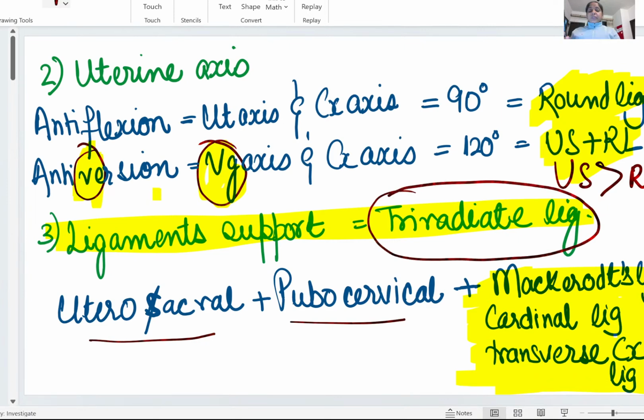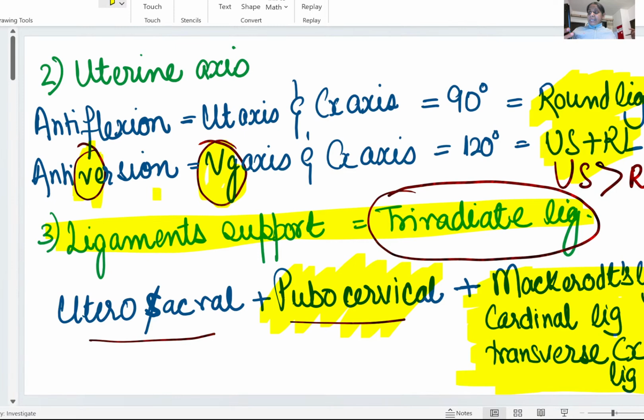The one which is going transverse is the Mackenrodt ligament, or cardinal ligament, or transcervical ligament. Is it okay? Very good. The ligament which is going anteriorly from the cervix is the pubocervical ligament. And the ligament which is going from the cervix posteriorly is the uterosacral ligament.